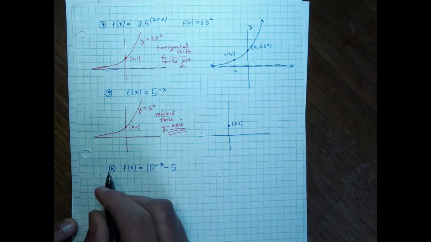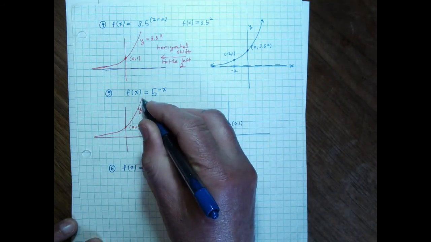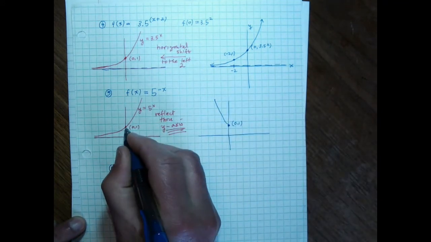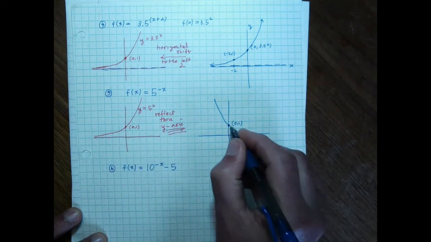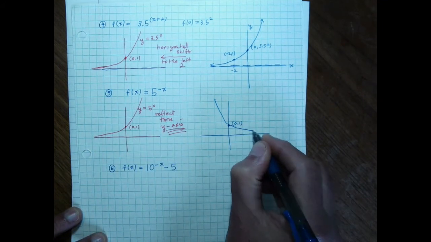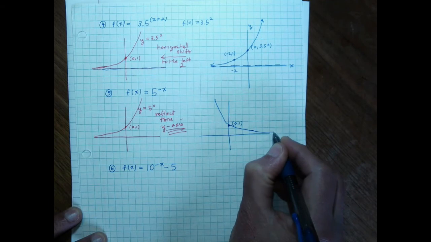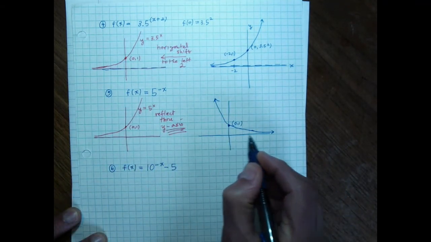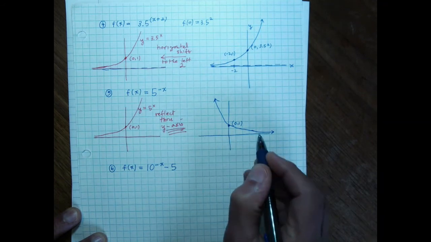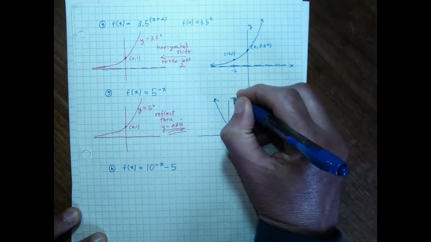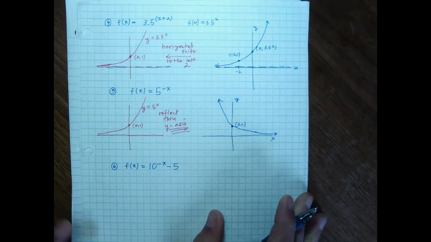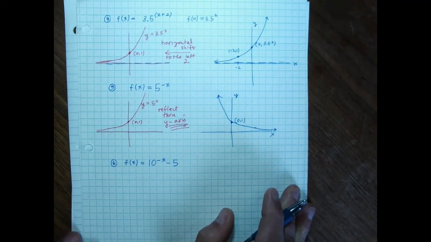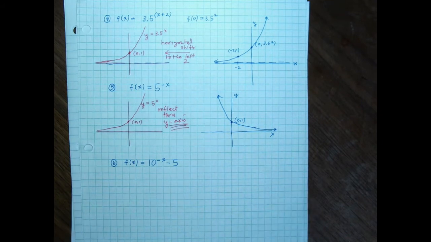The y-intercept stays the same. This portion rising up here will now rise up that way. This portion will come down like so. The horizontal asymptote reflects, but it just ends up in the same spot. So here's my final graph for f of x equals 5 to the negative x power.